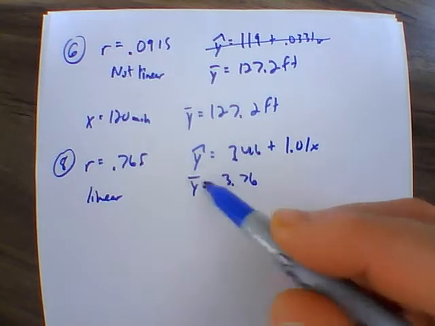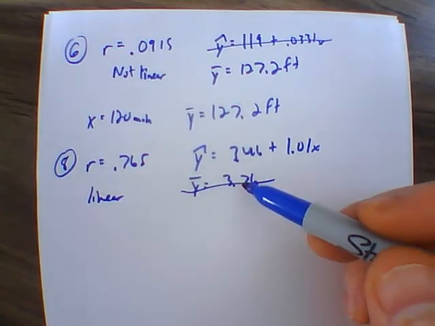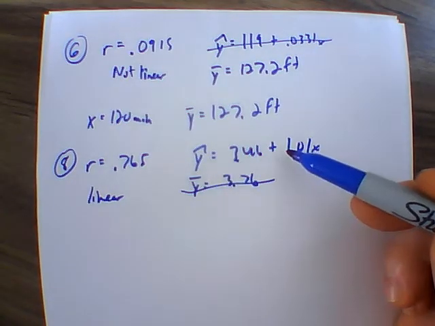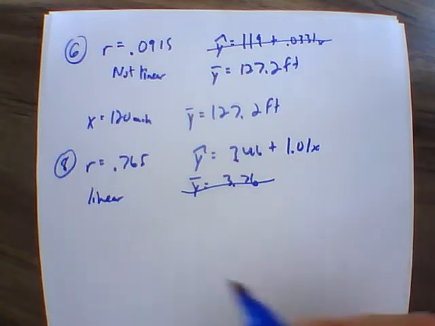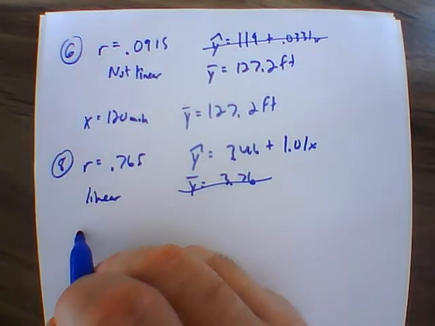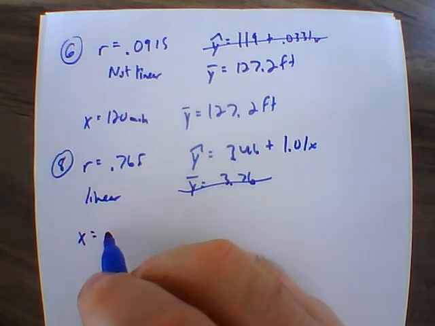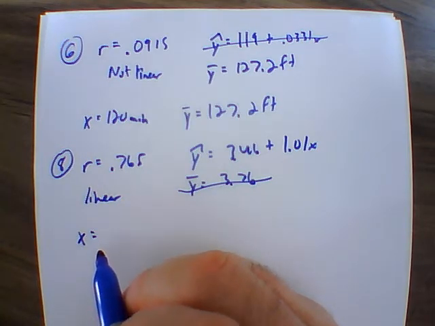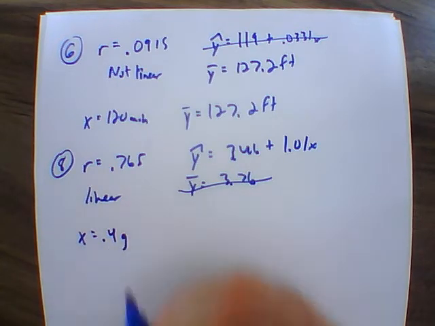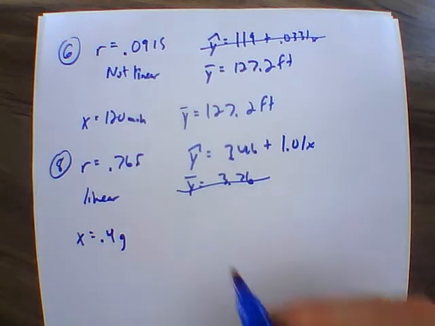Now, because this R value was higher than the critical value, we deem this to be a linear correlation. So we are not going to use the mean of it. We are actually going to use our correlation equation on here. So given an input of 0.4 grams of sugar, we're going to now predict how many calories it's going to be.